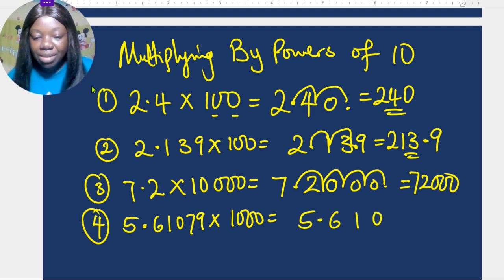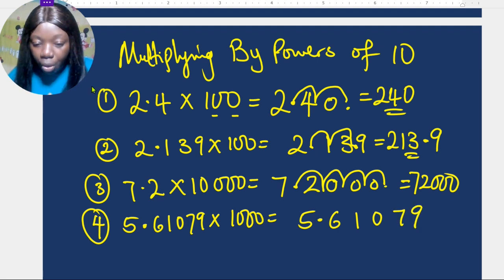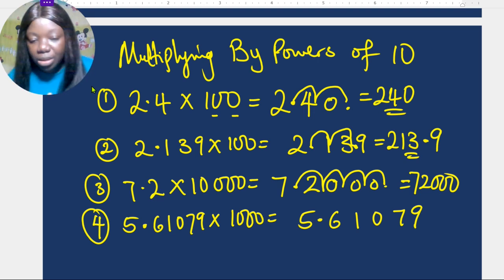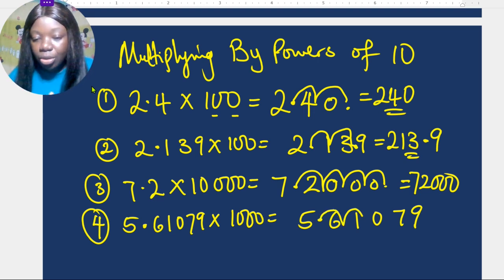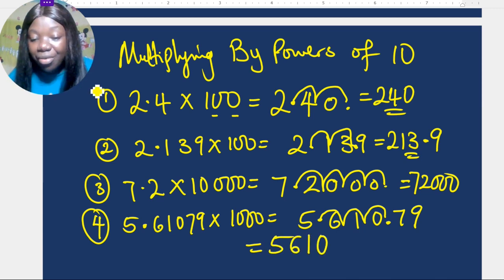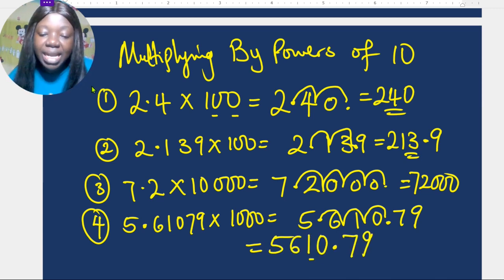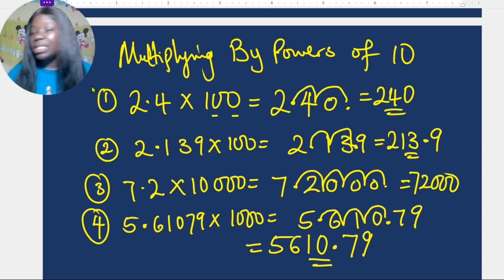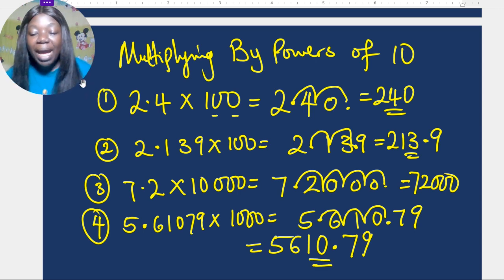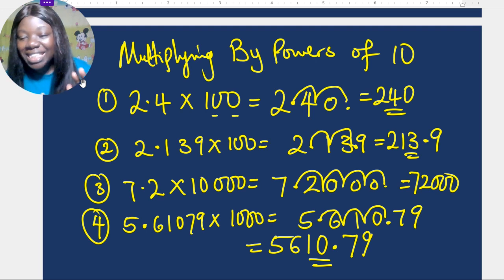So how many times are we going to count to the right? 3. So from the decimal point, always count from the decimal point to the right when multiplying. 1, 2, then 3. So our decimal point has been shifted to this new place. So it means the answer is 5610.79. So this is how simple it is to multiply by powers of 10.